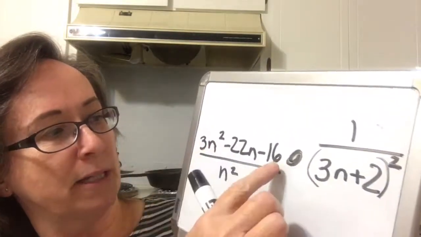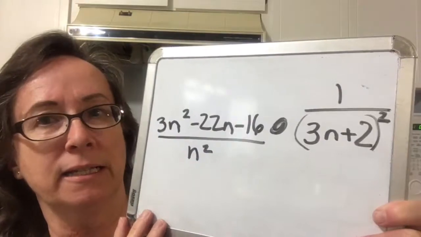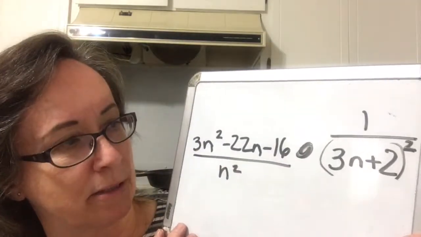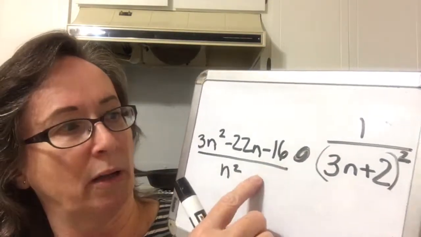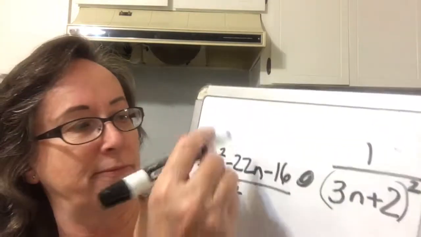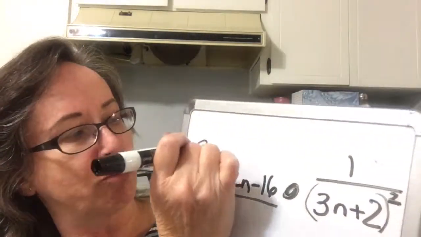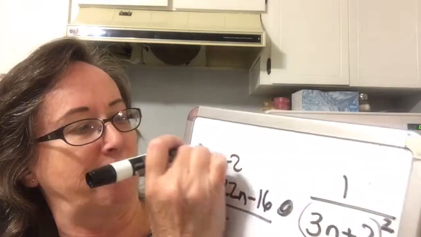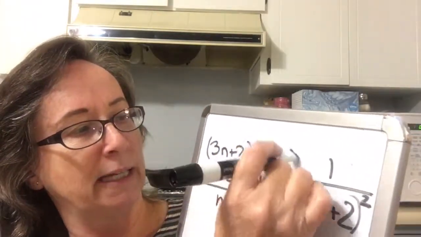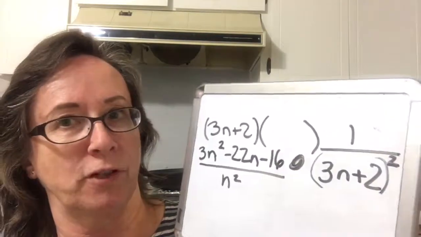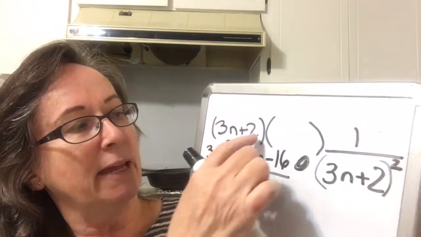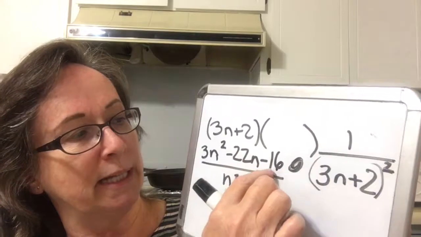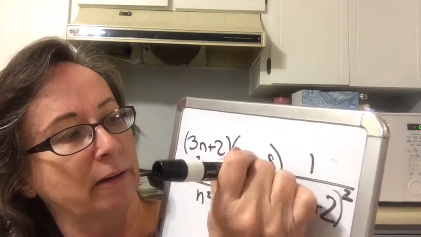So I'm going to factor this numerator, and this little factoring trick I use often. Wouldn't it be cool if 3n plus 2 was one of my factors here? So I'm going to try and see if 3n plus 2 is a factor by using it in my trial and error as my first attempt. If 2 was here, then wouldn't negative 8 have to be here?